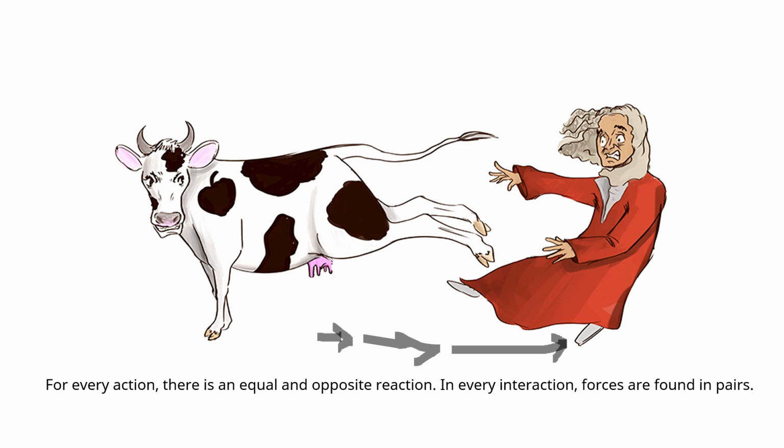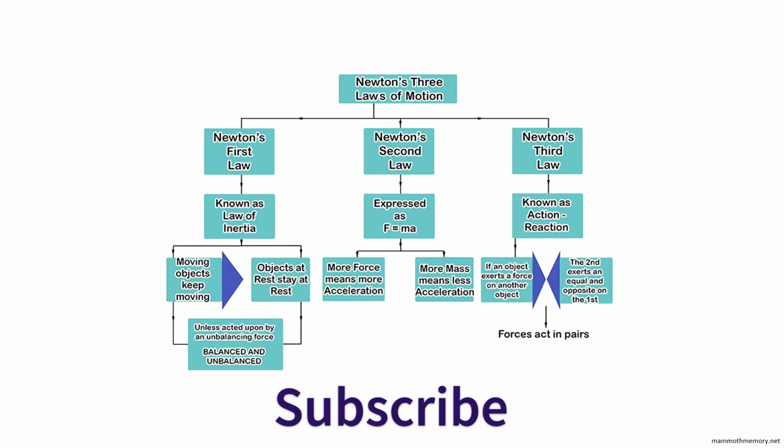With this, he concluded, for every action, there is an equal and opposite reaction. In every interaction, forces are found in pairs. Note, Newton didn't really kick cows, but this is a really great mnemonic for remembering his laws.